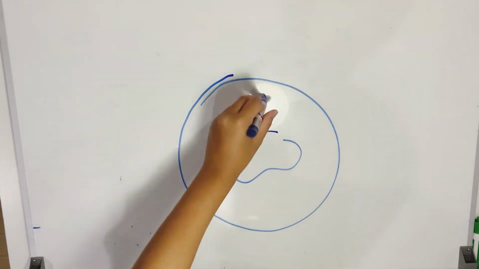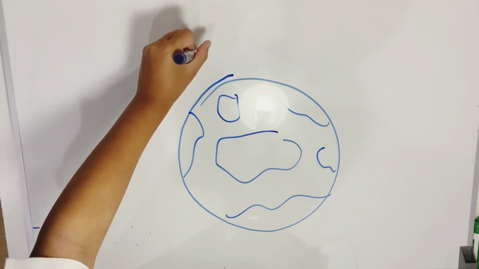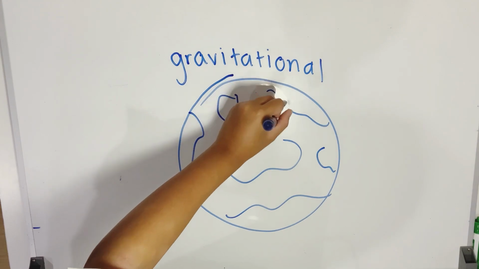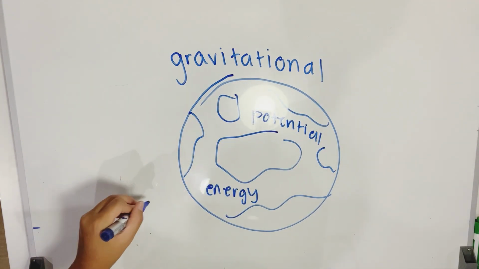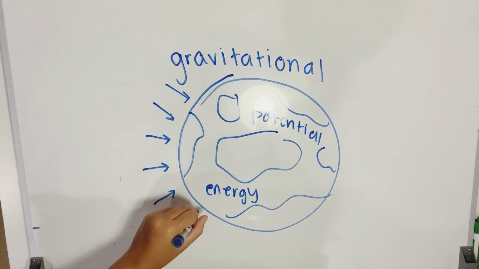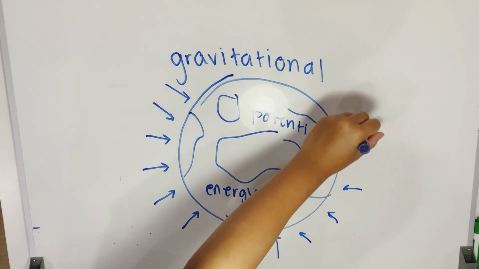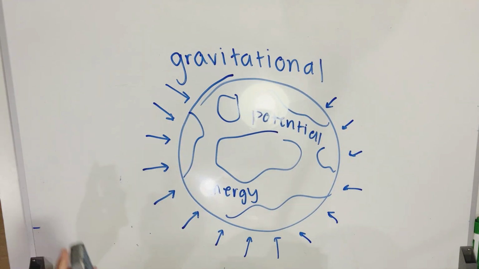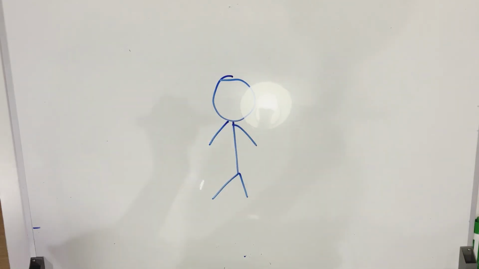Let's move on to gravitational potential energy. The gravitational potential energy of a stored object comes from the gravitational attraction between the Earth and the object. It's basically the force of gravity of the Earth pulling things in. Let's say Kyle has 2 bricks. He has 1 brick on the floor, and another brick in his hands.